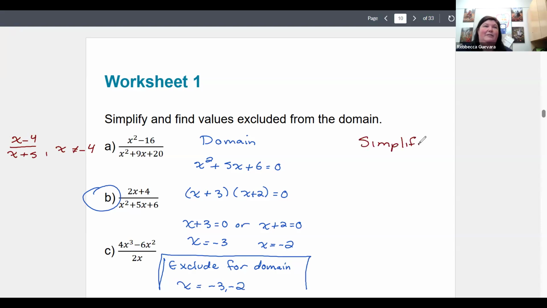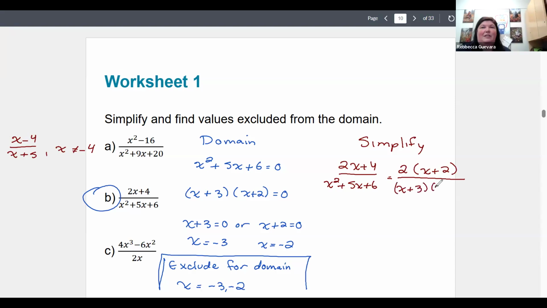So when we simplify, 2x plus 4 over x squared plus 5x plus 6. On top, the only thing that we can factor is that both of these are divisible by 2, so we can take out a greatest common factor. So that's just 2 times x plus 2. And then the bottom, we know that factored into x plus 3 and x plus 2.